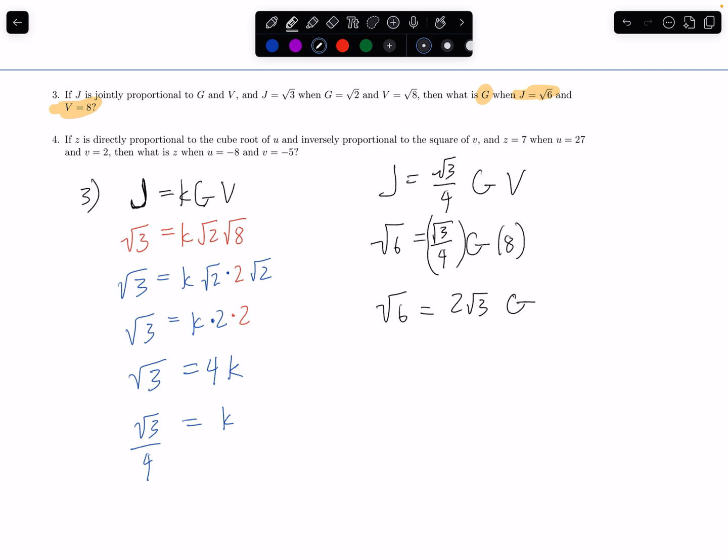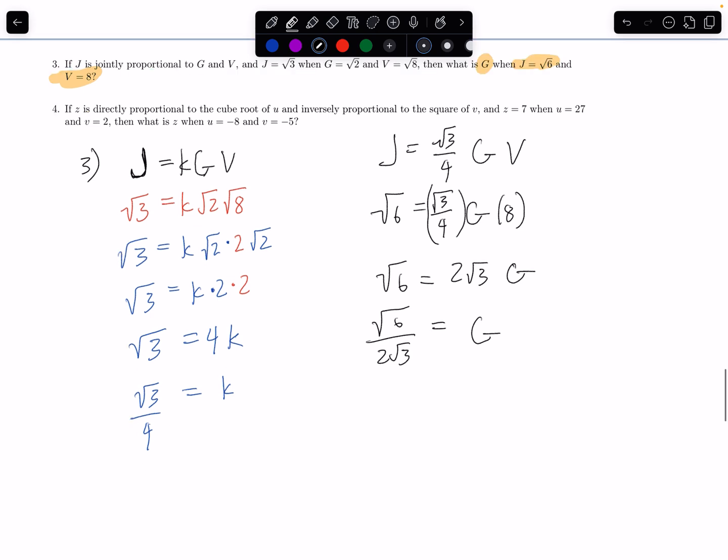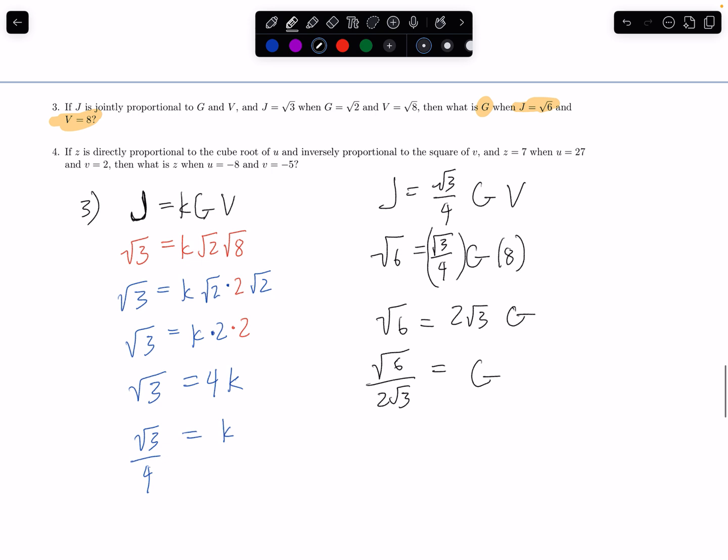Okay, now I'm going to divide both sides by 2 root 3. So I get G is equal to square root of 6 over 2 square root of 3. But here is where you notice that there should be a little cancellation, because why? Square root of 6 is really a square root of 2 times square root of 3, right? And just a side note, these have to be positive numbers for us to be able to take square roots of them.